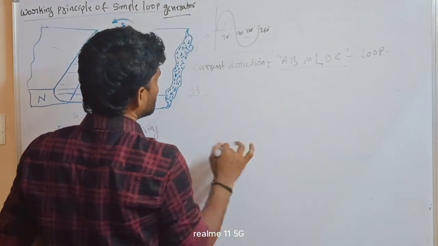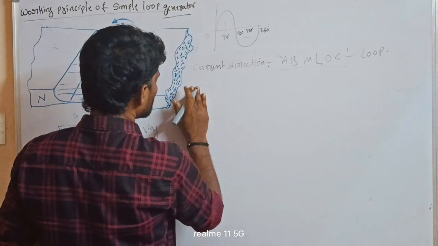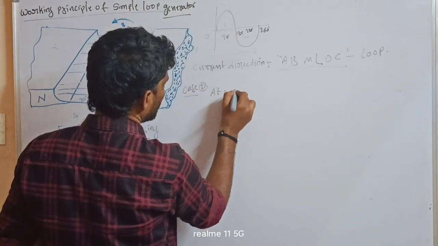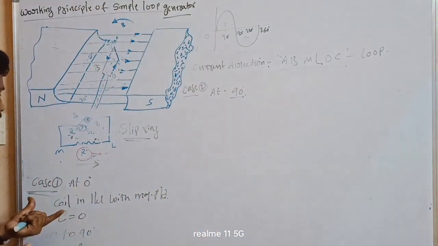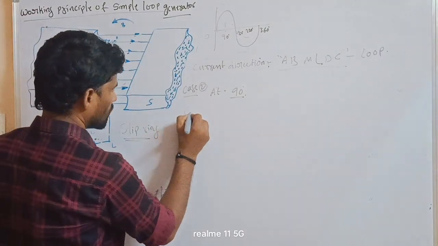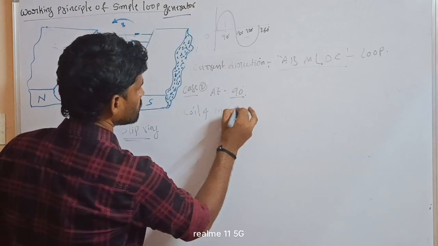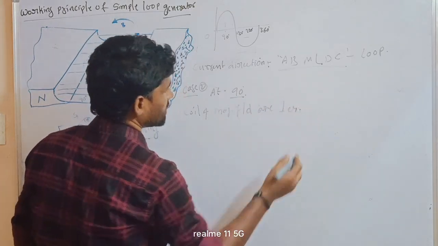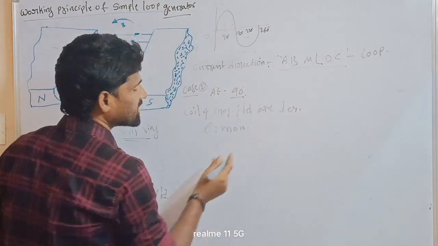Case 2, at 90 degrees. What do we mean at 90 degrees? The coil and the magnetic field are perpendicular. When they are perpendicular, the induced EMF is maximum.